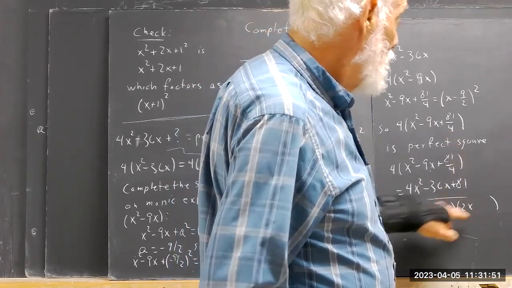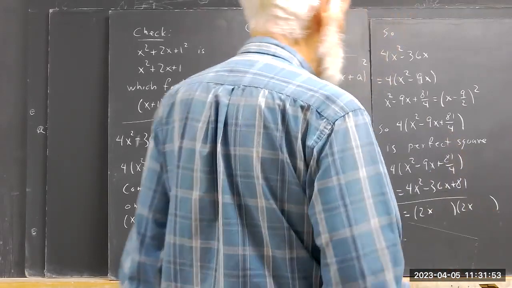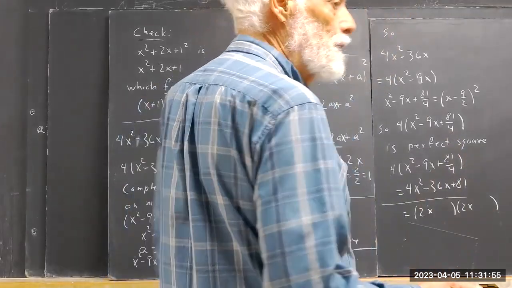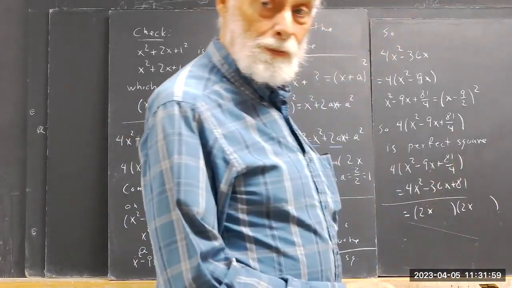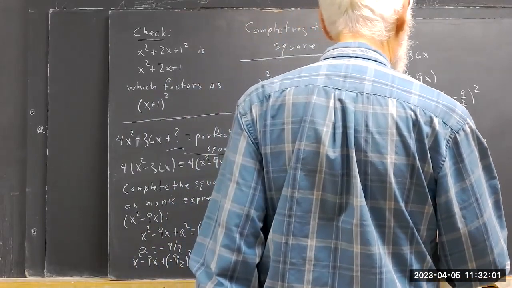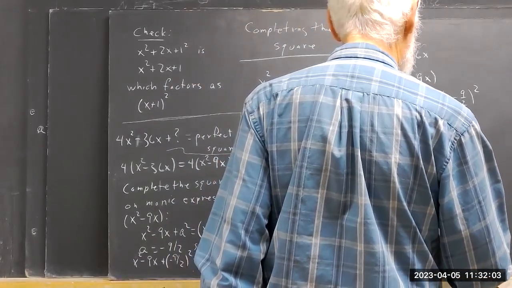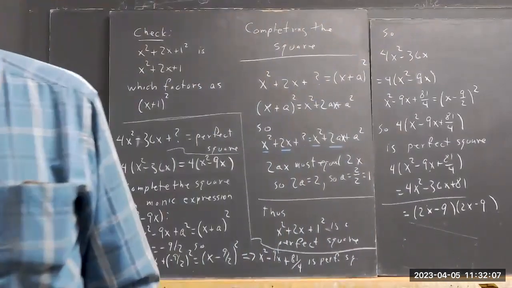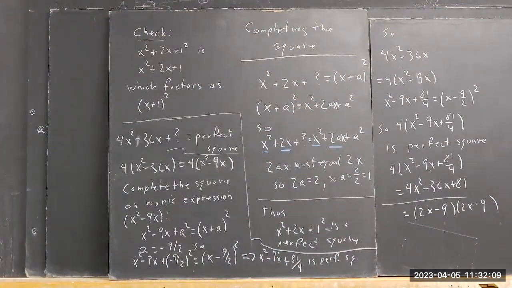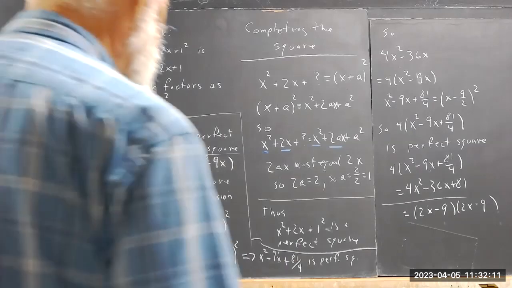So we have to have one of those pairs of numbers here. If it's going to be a perfect square, both the numbers have to be the same. So we're going to have 9 here and 9 here. It's got to be minus, because -36 is negative.